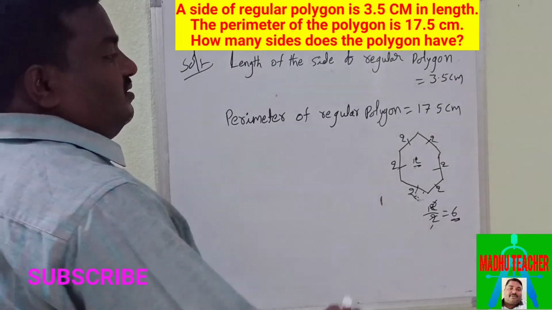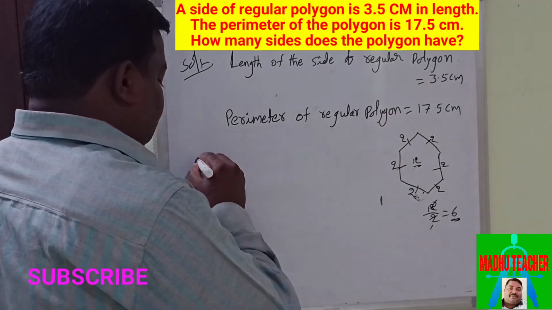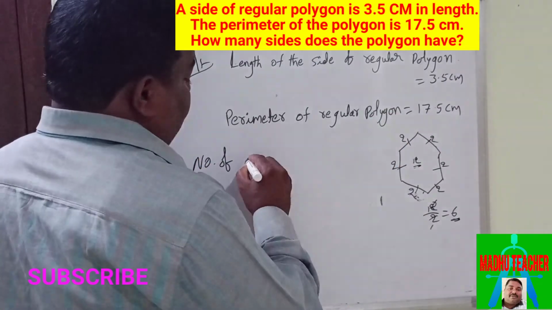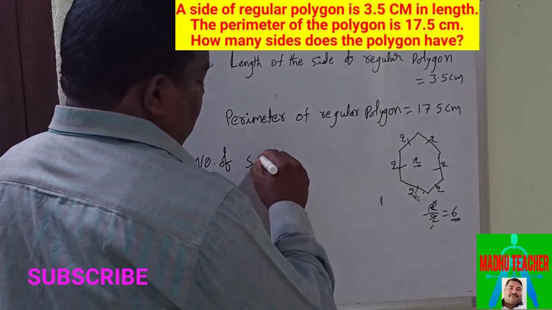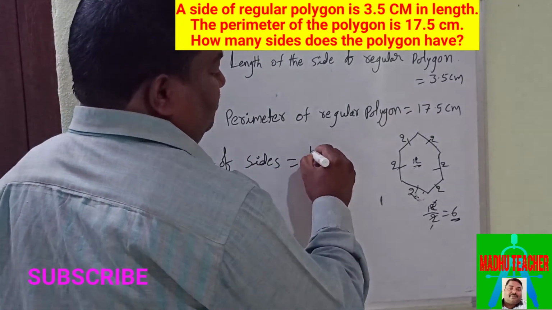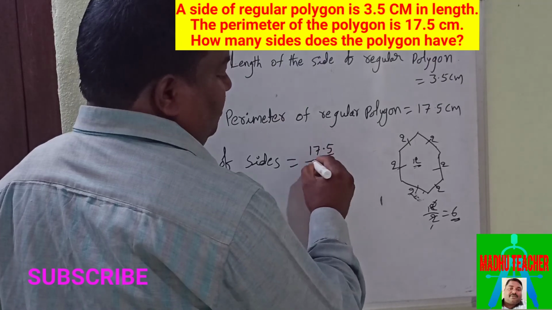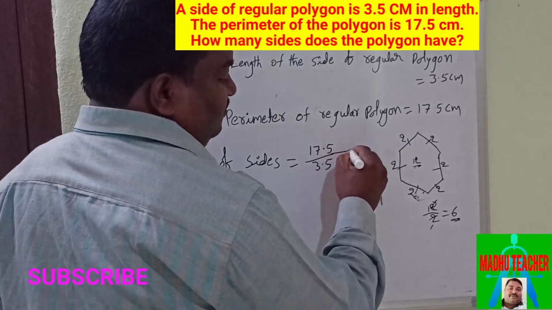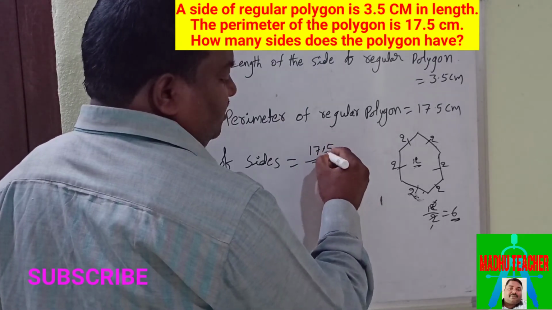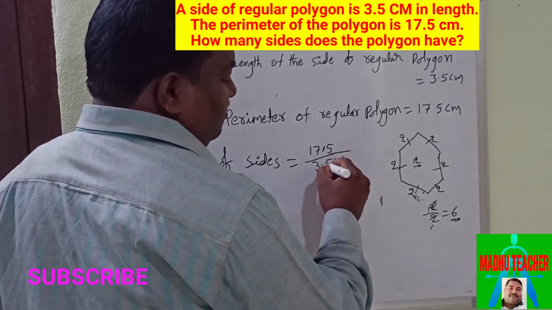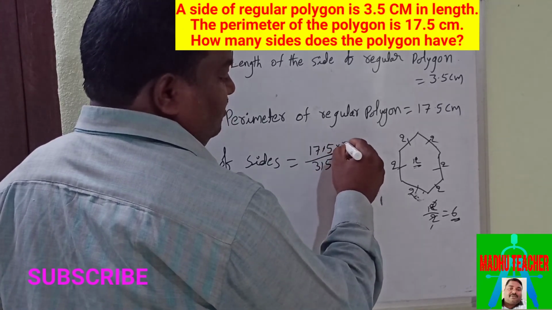Okay, therefore number of sides equal to 17.5 by 3.5. So to cancel the point by 10, cancel the point into 10.